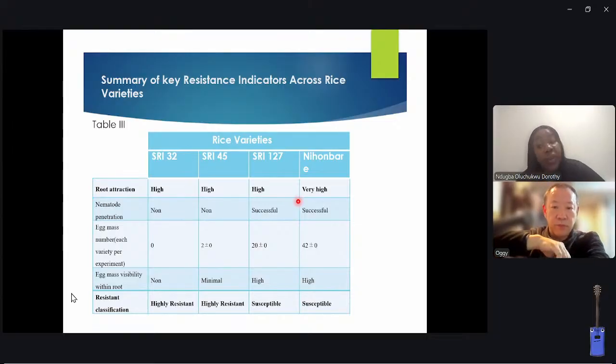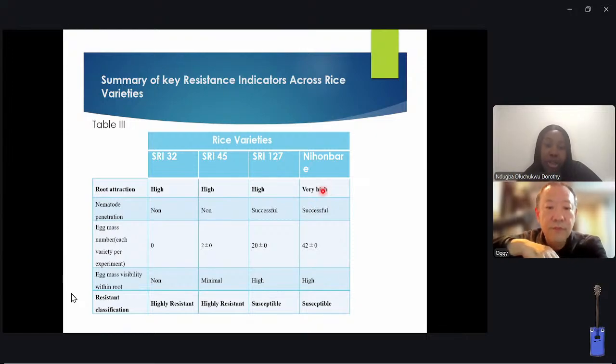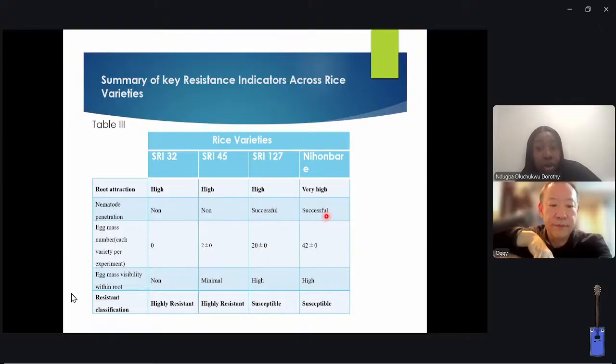But Nihonbare was very high, because when we counted the numbers, Nihonbare had the highest nematode attraction to the roots. For nematode penetration, there was none in SRI 32 and 45, which I've explained earlier. But for SRI 127, it was successful, which we saw in the picture, and also Nihonbare.